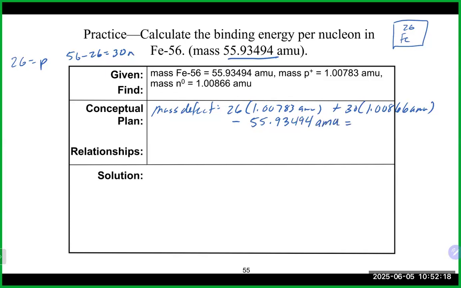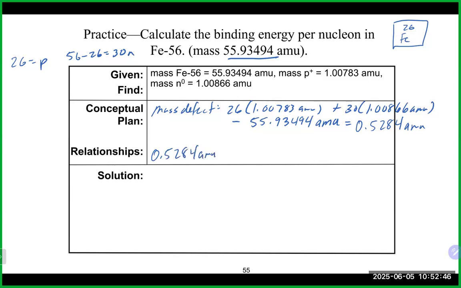That will get us here our mass defect of 0.5284 AMU.